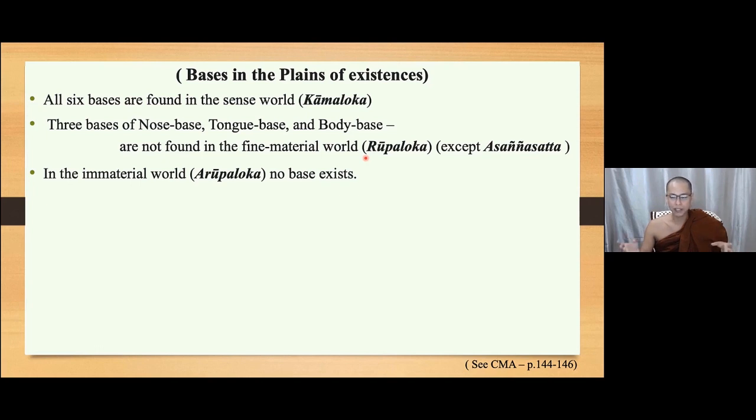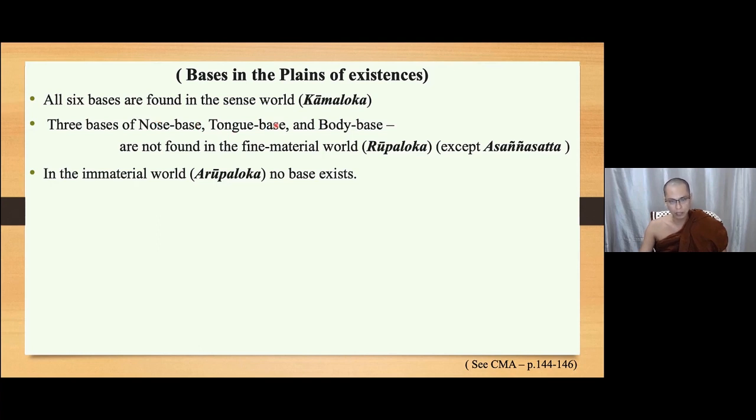or to the unwholesome are not there. But the commentaries say the fine material sphere Brahmas have the appearance of these three sense organs. Although they don't have the nose base, they have the appearance and form of the nose.